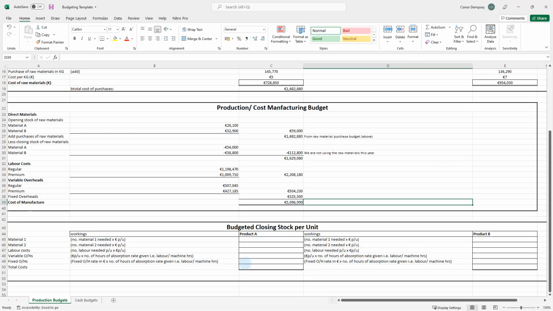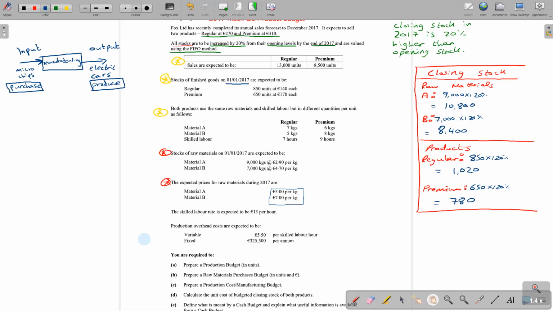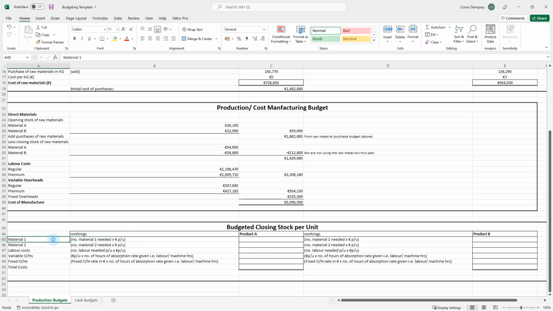So the cost is the number of material needed multiplied by the price per unit. Again, just change this to A and this to B to make things easier. This is regular. This is premium.